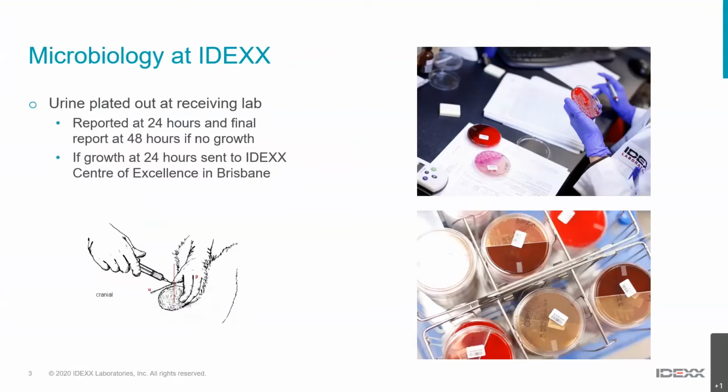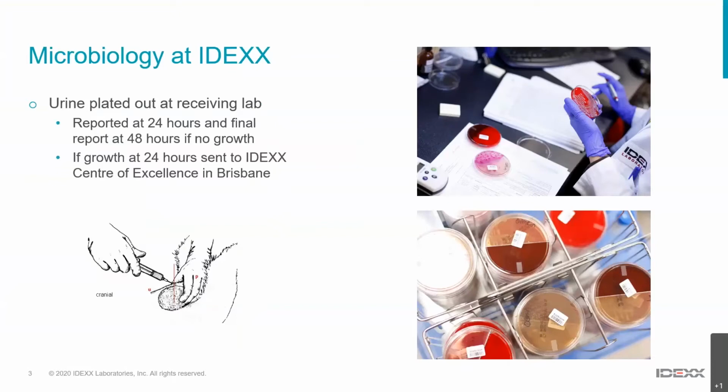It's important to remember that whilst we have our Centre of Excellence in Brisbane, where we do all the advanced microbiology, urine is plated out at every receiving laboratory. So when that urine sample comes in, if a culture has been requested, it gets plated out and incubated.